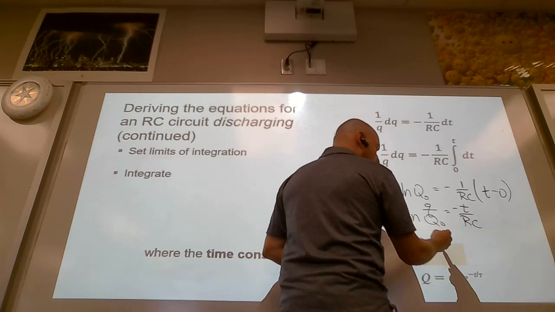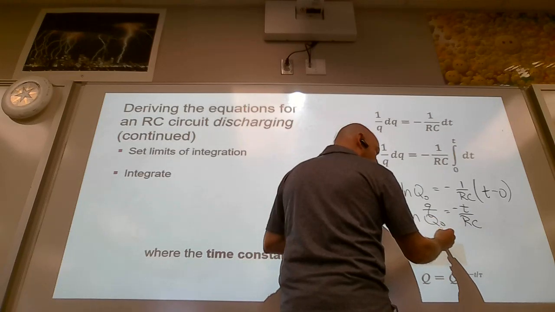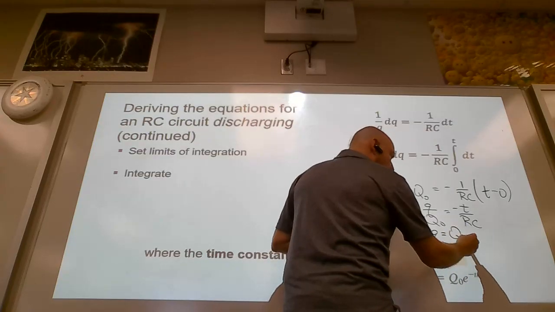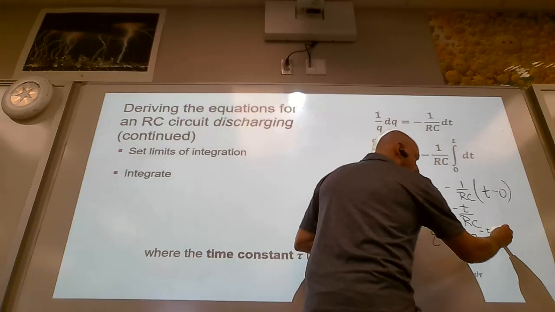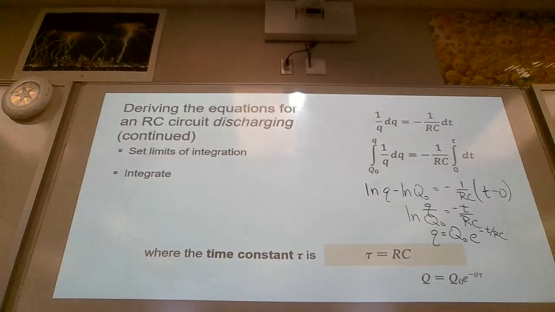Take e to the whatever, and then bring that over, so you get q is equal to q naught e to the negative t over RC. Is that big enough to read in the back? Yeah, you guys, your eyes are young.